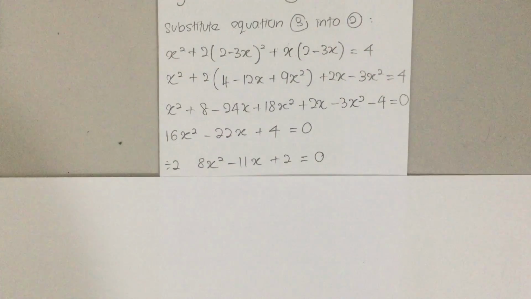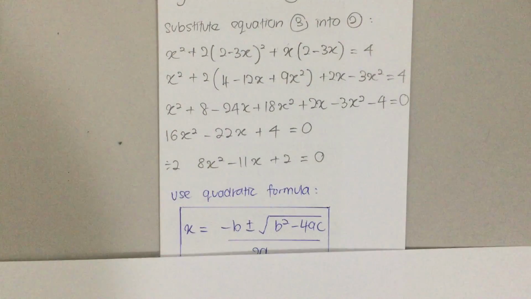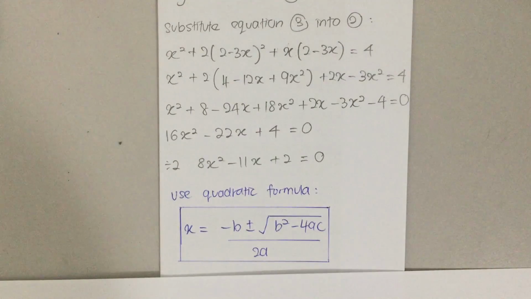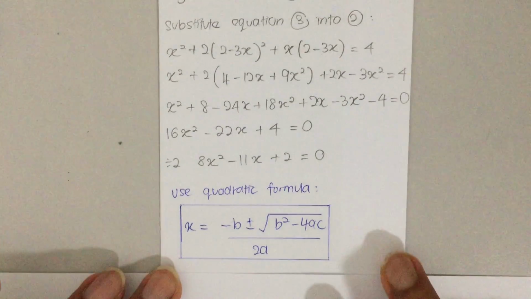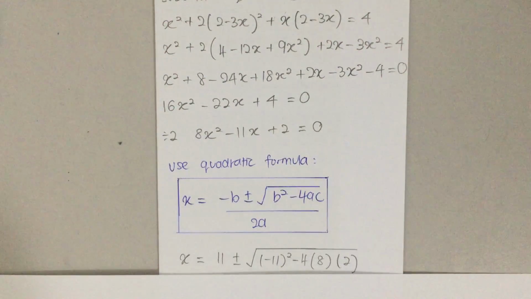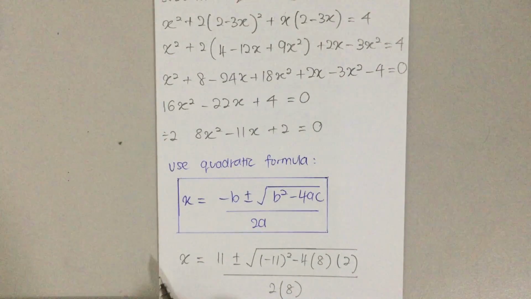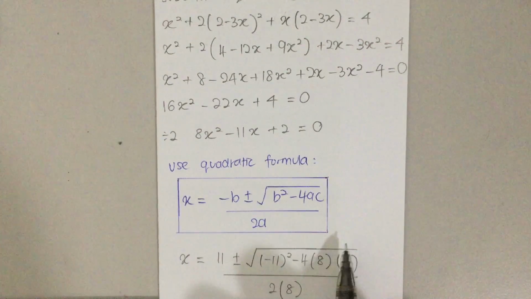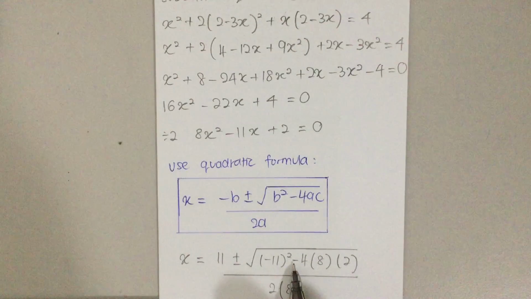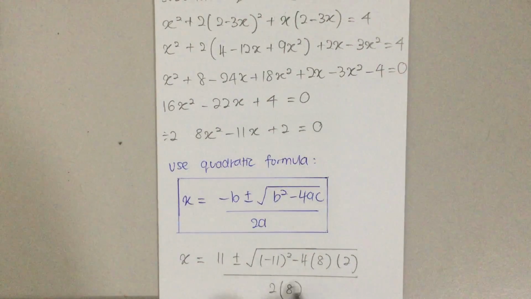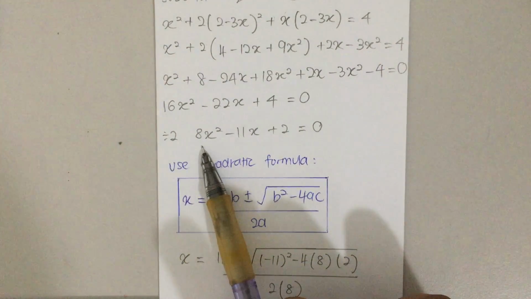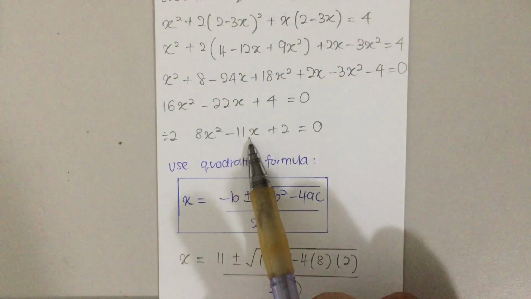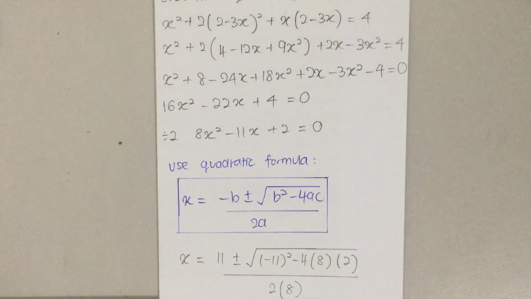If you guys don't know what the quadratic formula looks like, this is your quadratic formula: x equals negative b plus minus square root b squared minus 4ac over 2a. So we have already substituted in the values. x equals 11 plus minus square root of negative 11 squared minus 4 times 8 times 2, divided by 2 times 8. This is your coefficient of a, which is 8, b, which is negative 11, and c is 2.